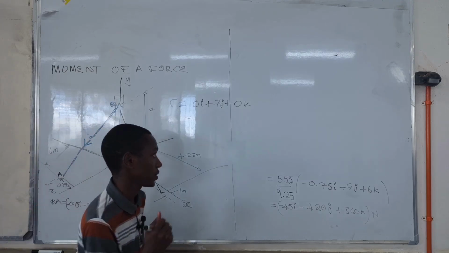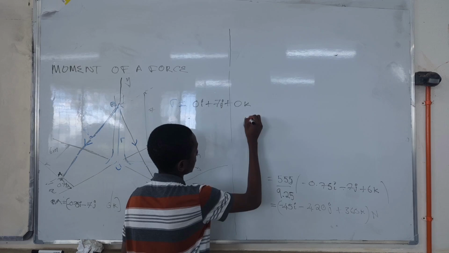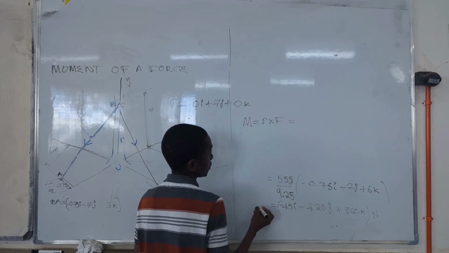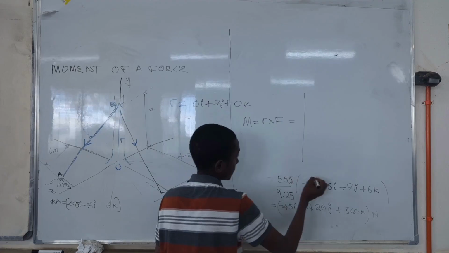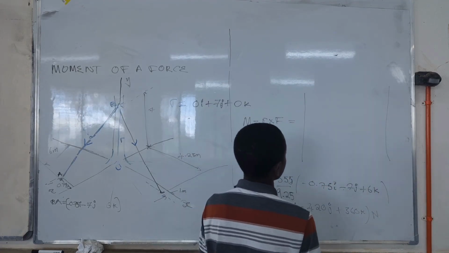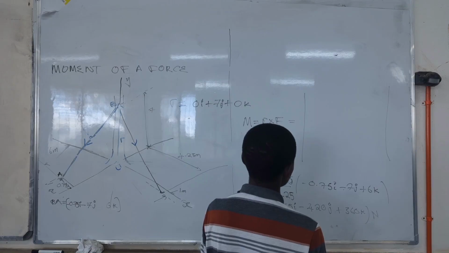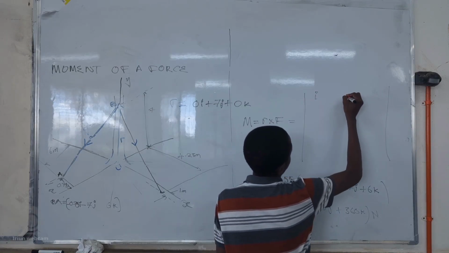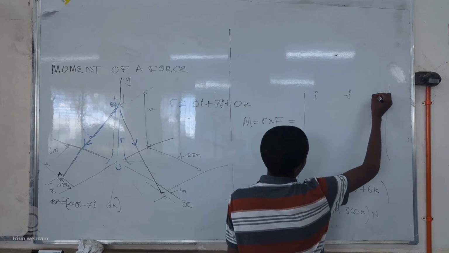The moment is equal to R times F, which is the determinant of a 3-dimensional matrix, which is going to have i, negative j, k.